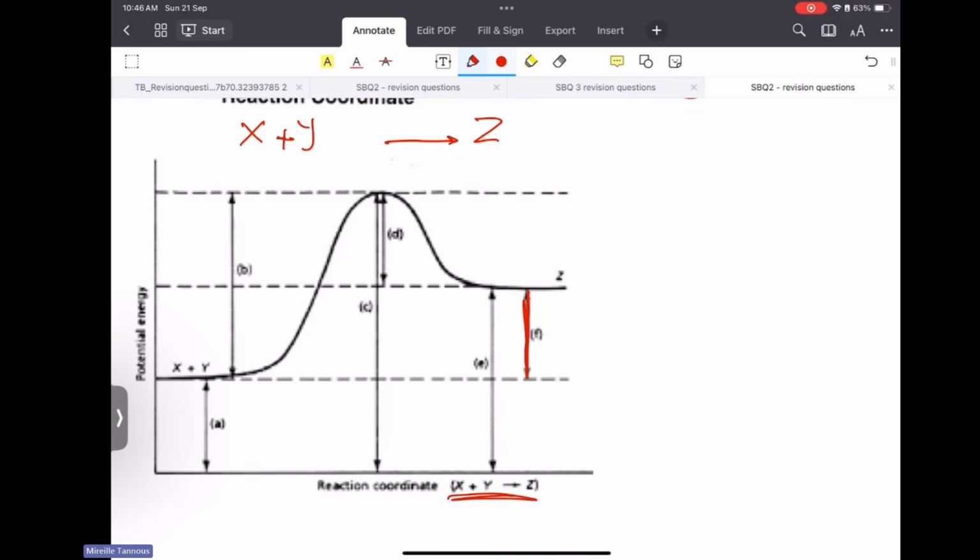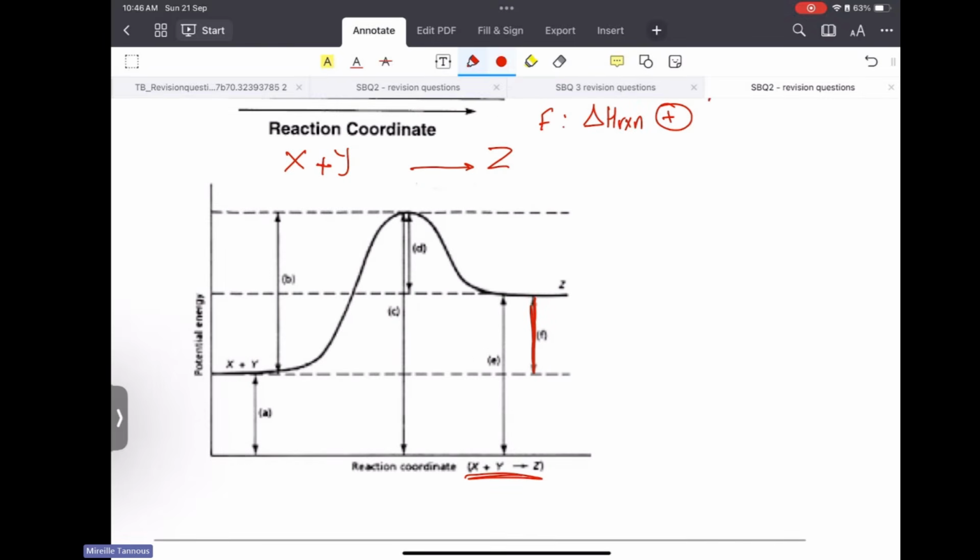I don't know what this letter is. Okay, let me just put more letters: A, B, C, D, O, E, F. So the enthalpy of this reaction is F. So here, plus delta H if you want. F is the enthalpy of reaction. It's the difference between the enthalpy of products and the enthalpy of reactants.